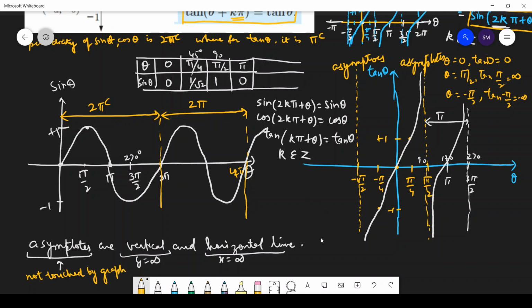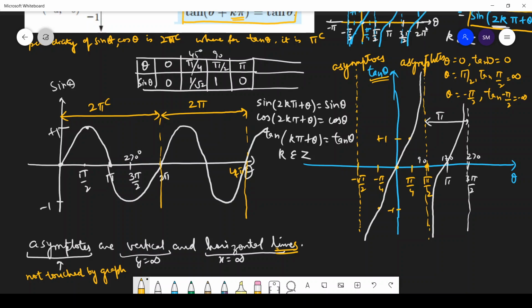So these asymptotes are the lines; here it is a vertical line. We need to draw this vertical asymptote when the value of y is infinity, as tan theta was infinity at 90 degrees. At 90 degrees the value of tan theta is infinity, so I cannot plot such a large value. That is why the graph is never going to touch it.